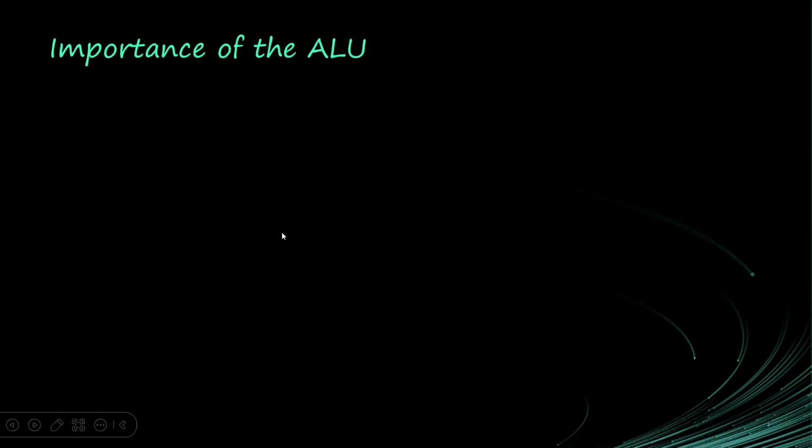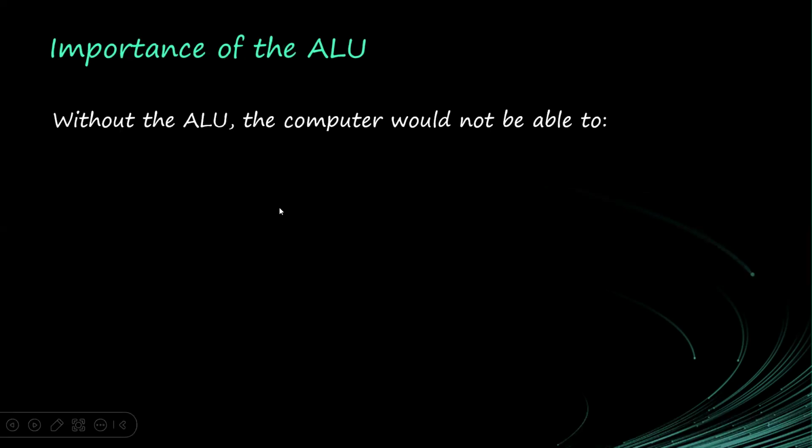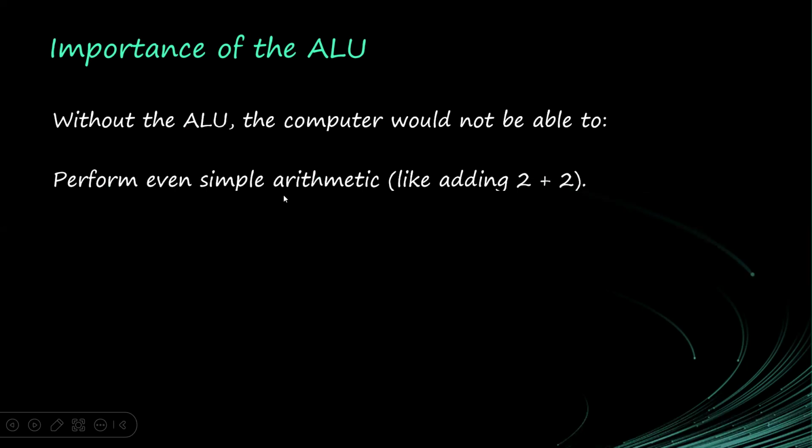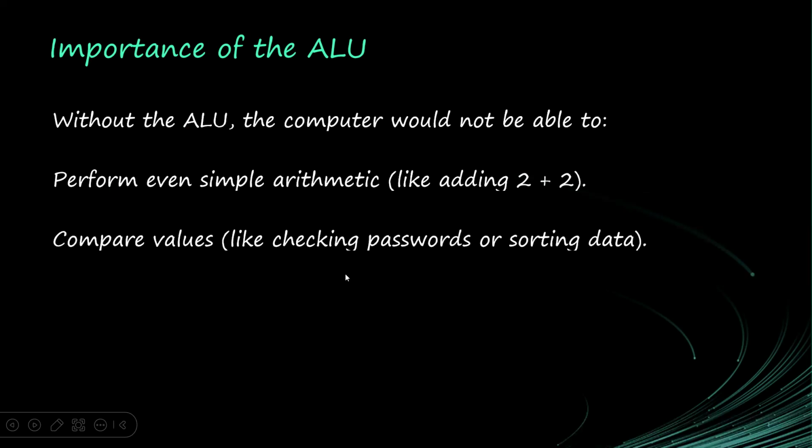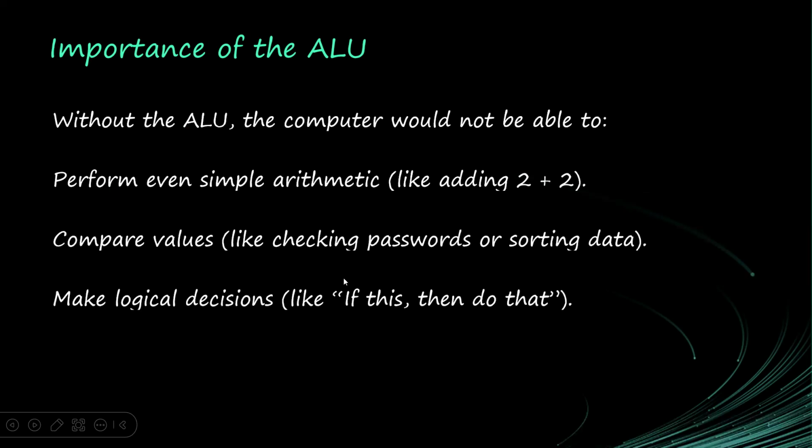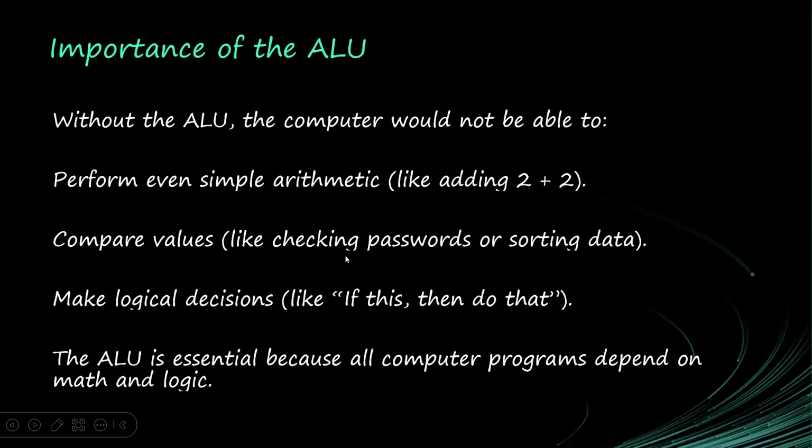So why is it important? Without the arithmetic and logic unit, the computer will not be able to perform even simple arithmetic like 2 plus 2. The computer cannot even compare values. The computer cannot make logical decisions. The arithmetic and logic unit is essential because all computer programs depend on math and logic.